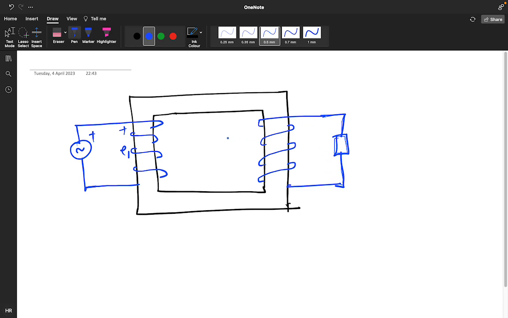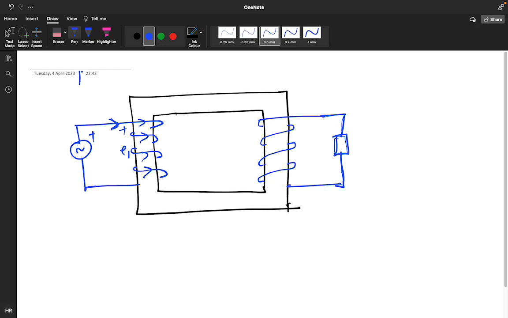Now see, current direction is this. Current is moving like this. So if current is moving like this, how will be the right hand thumb? Use the right hand thumb rule.